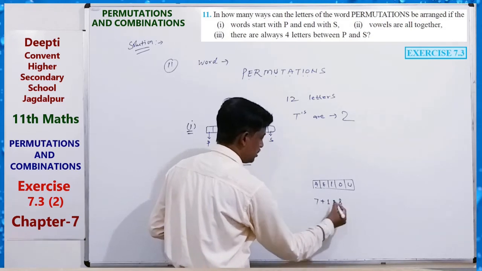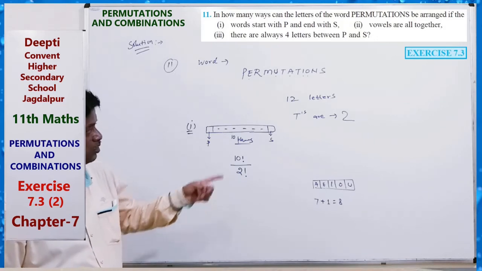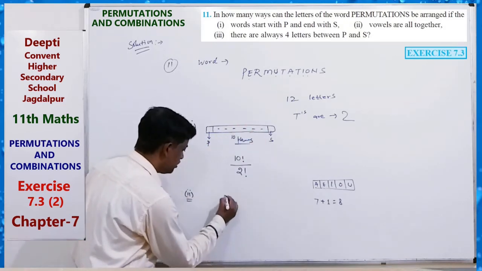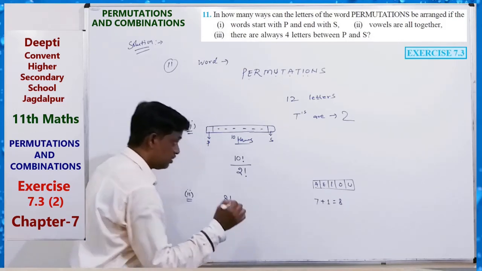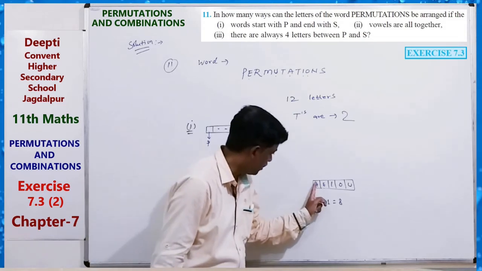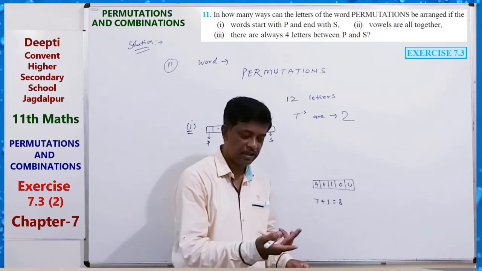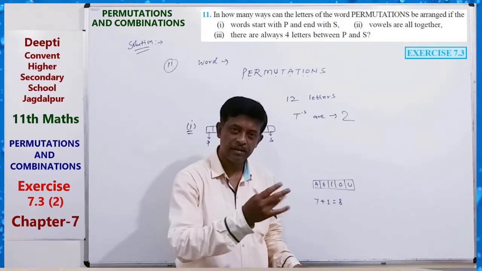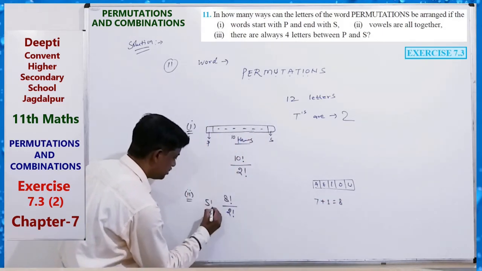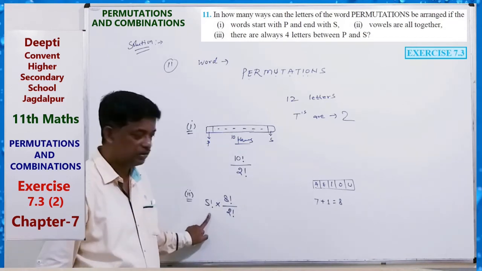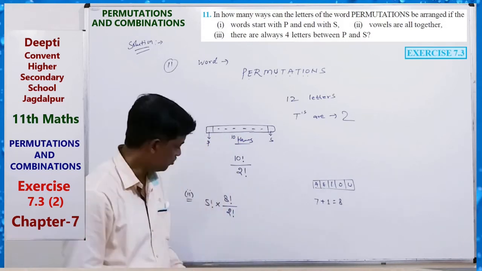So that equals 8 items, and out of these, 2 T's are the same. So 8 factorial upon 2 factorial. Also, these 5 vowels can be arranged among themselves in 5 factorial ways. So 5 factorial into this.